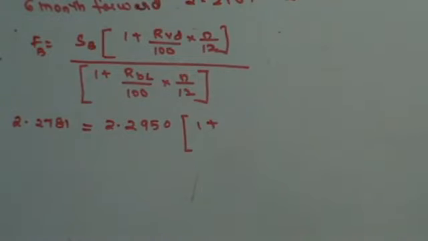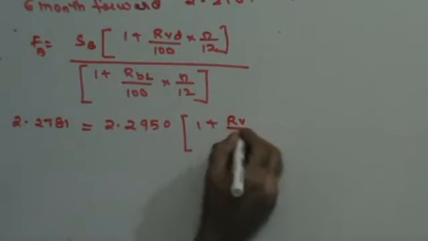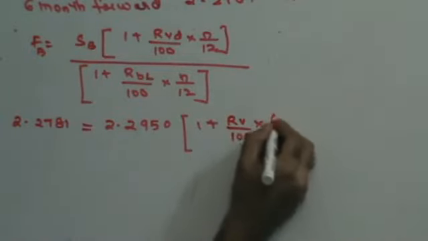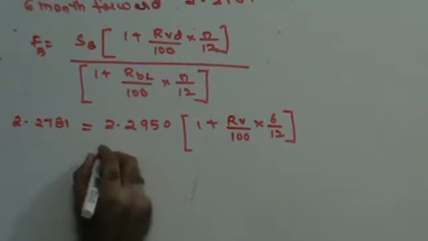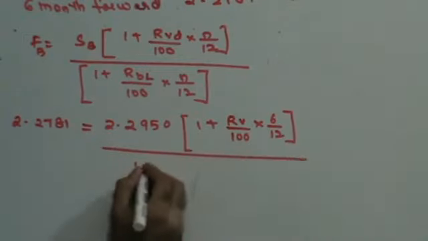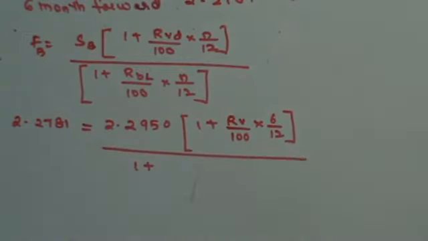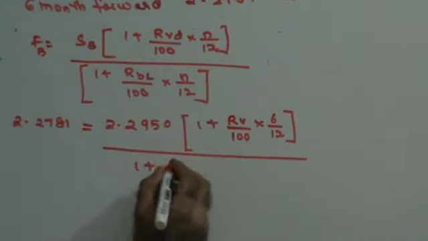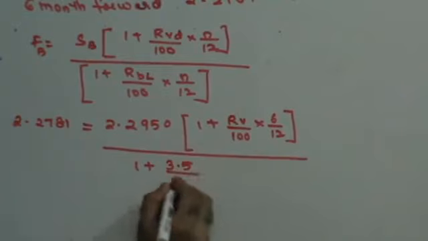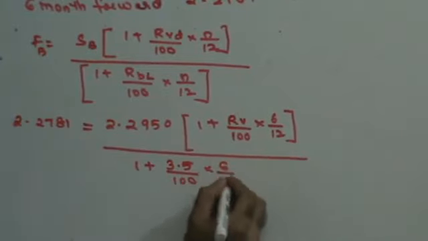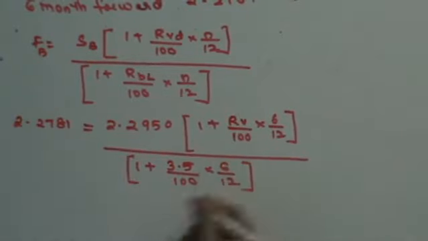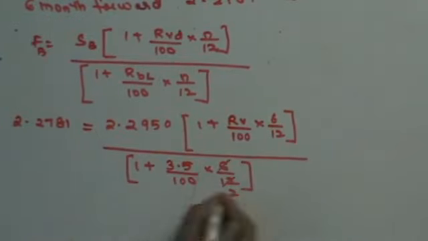Here your variable currency is Australian dollar. They haven't given you the deposit rate, so it is RV upon 100 into n by 12, 6 by 12, upon 1 plus rate of interest in base currency. Sterling pounds is your base currency. Lending rate of base currency is 3.5 upon 100 into 6 by 12. Right? Ones are 1, twos are 2.